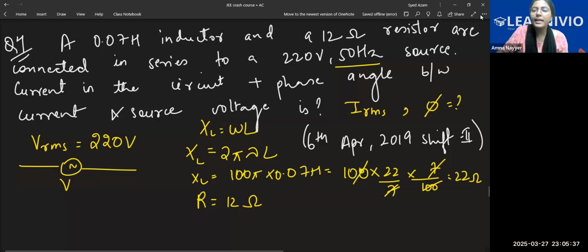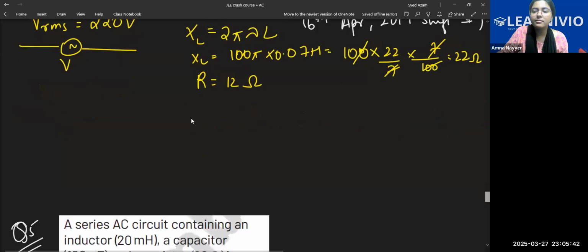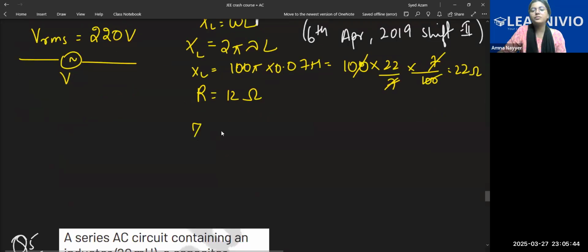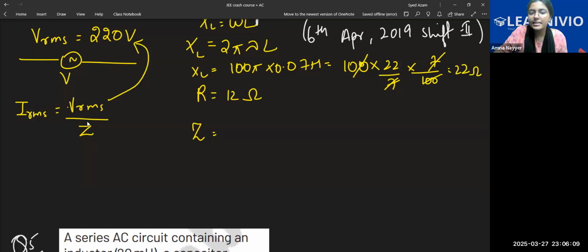Upasna, how do we calculate the value of Z? XL and R are present. E0 by I0? But we have to calculate IRMS. That is our task. IRMS will be VRMS divided by Z. VRMS is given in the question, Z is missing.